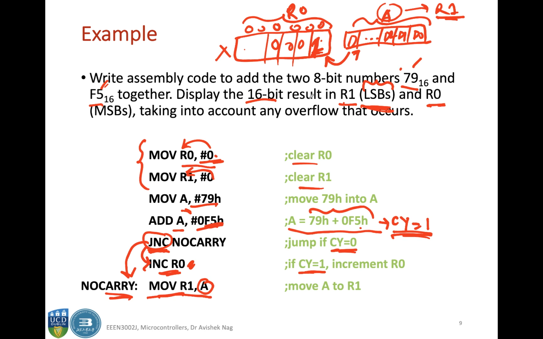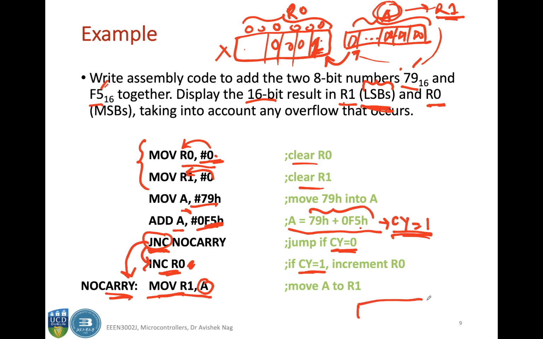So that's how the carry is accounted for, and whatever the added number, the LSBs are there in your accumulator, and that result is moved to R1.